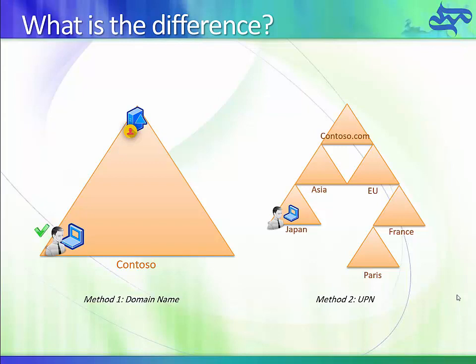So if the user account resides in domain France, the UPN is going to be something like john@france.eu.contoso.com. If the user account resides in domain Japan, again the UPN will be john@japan.asia.contoso.com. As you can see, these two UPNs are really long and hard for users to memorize if they wish to log in using UPNs.